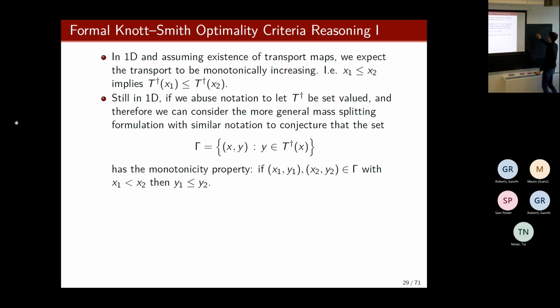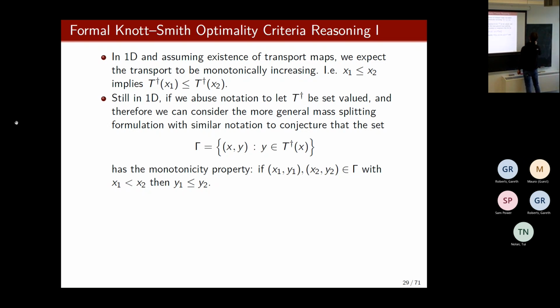So I have my x and my y. I'm moving mass from x1, it's going to go to y1, and I'm moving mass from x2, and this is going to go to y2. Then all the property here is saying is that I can't have this.